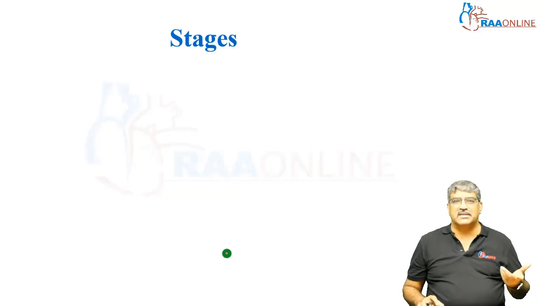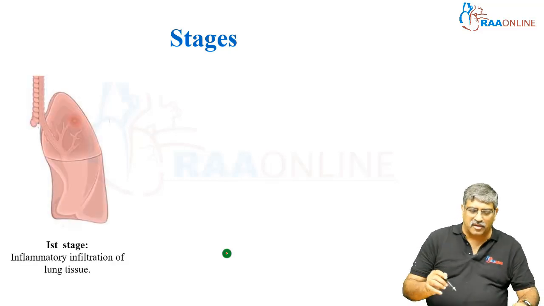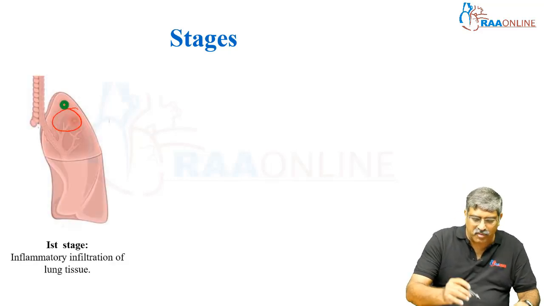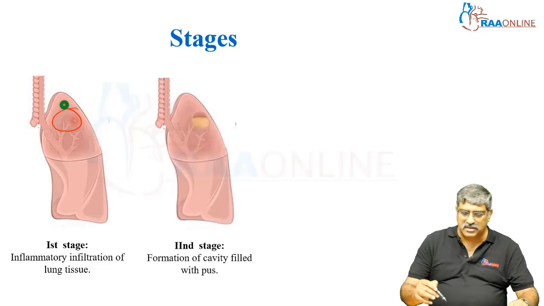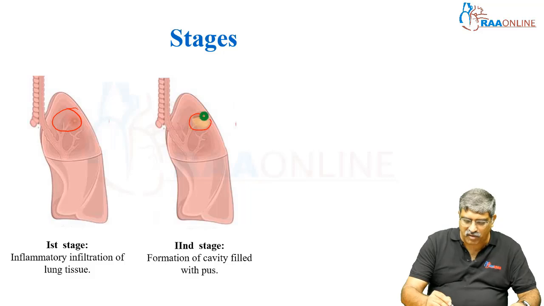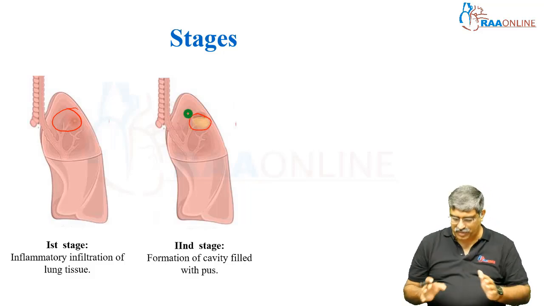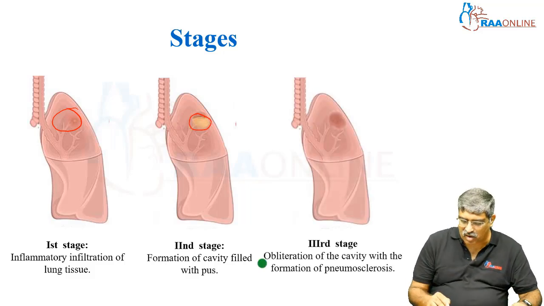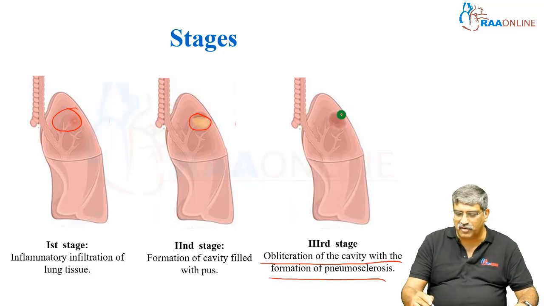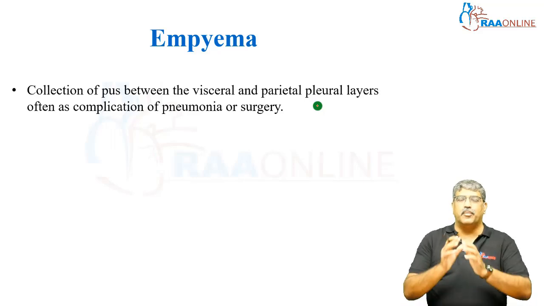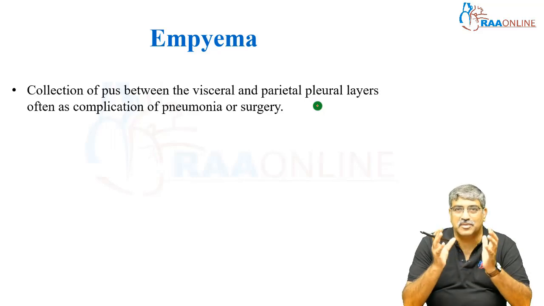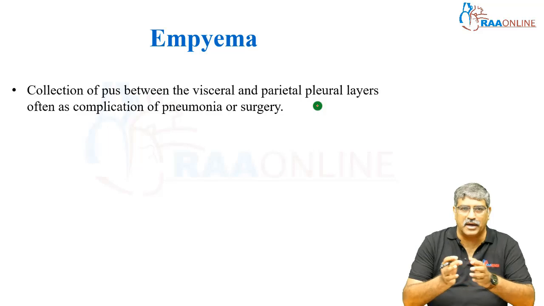Now, coming to the stages of lung abscess, the first stage is the inflammatory infiltrate following a lung infection. Second stage is the formation of a cavity with pus, and the third stage is obliteration of the cavity with the formation of pneumosclerosis. Now, coming to empyema, where you have a collection of pus between the visceral and the parietal pleura.